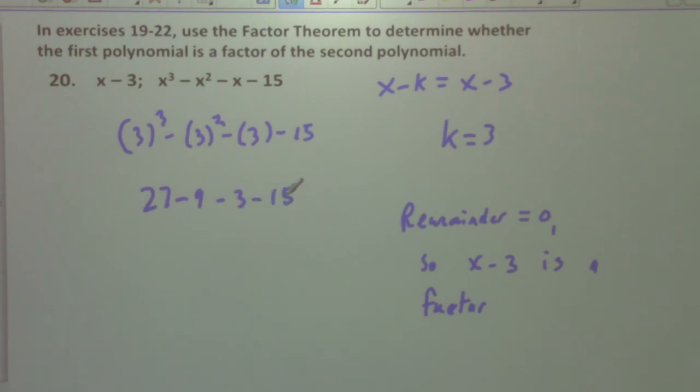What does this all simplify to? 0. So remainder 0, factor of x cubed minus x squared minus x minus 15. Thank you, Caleb.